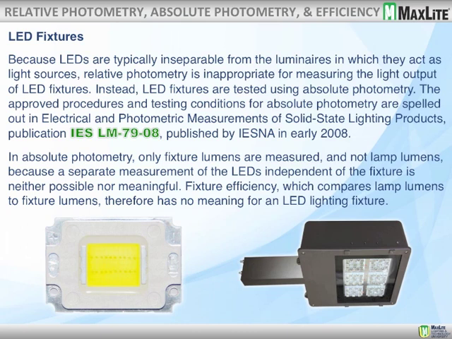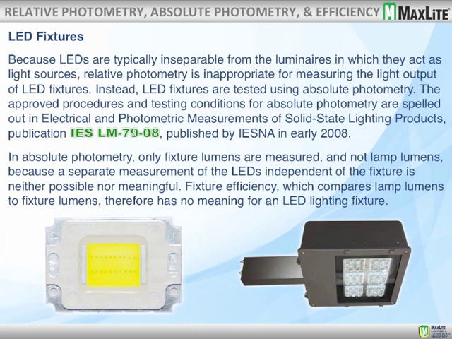Now, the approved procedures for testing conditions for absolute photometry are spelled out in the Electrical and Photometric Measurements of Solid-State Lighting Products. The publication is known as LM-79 by the IESNA in early 2008. In absolute photometry, only fixture lumens are measured and not the individual LED lumens, because a separate measurement of the LEDs independent of the fixture is neither possible nor meaningful.